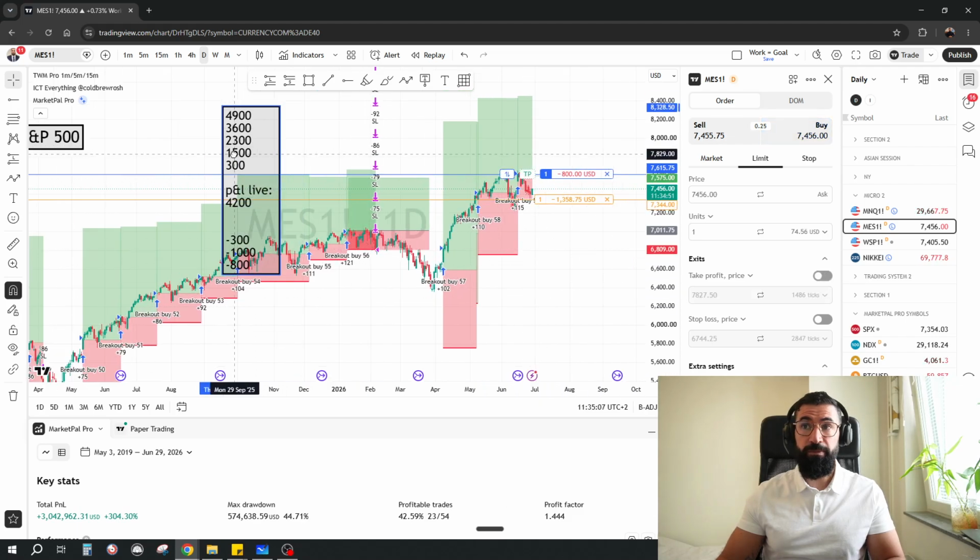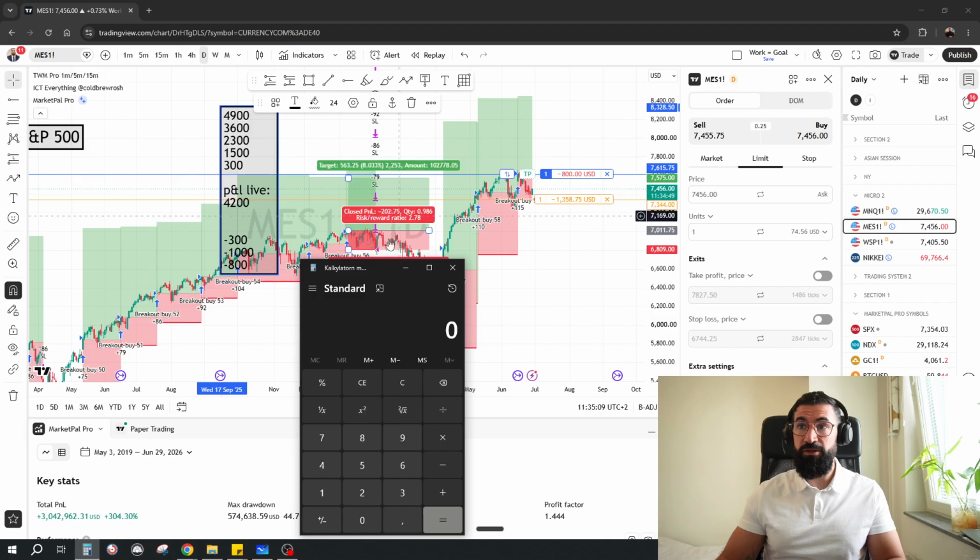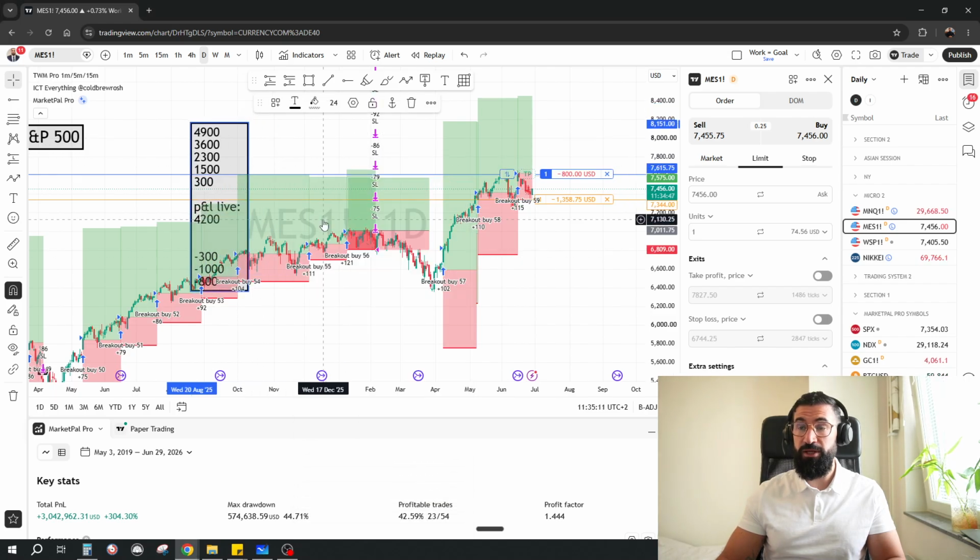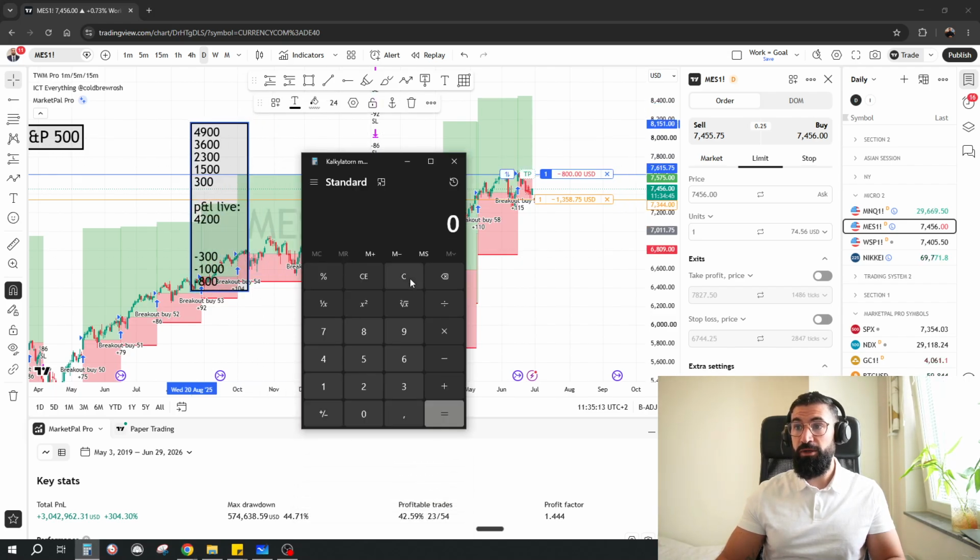Yeah. So I'm gonna do the math on this so you get a perspective with the dollar amount. So we have 4,900 plus 3,600 plus 2,300 plus 1,500 plus 300 plus, this is running profits right now, minus 300 minus 1,000 minus 800.